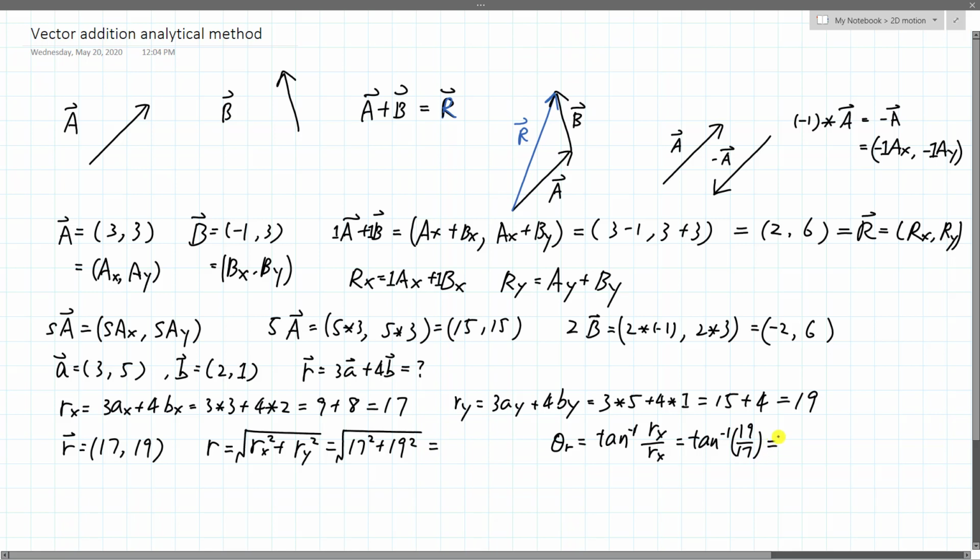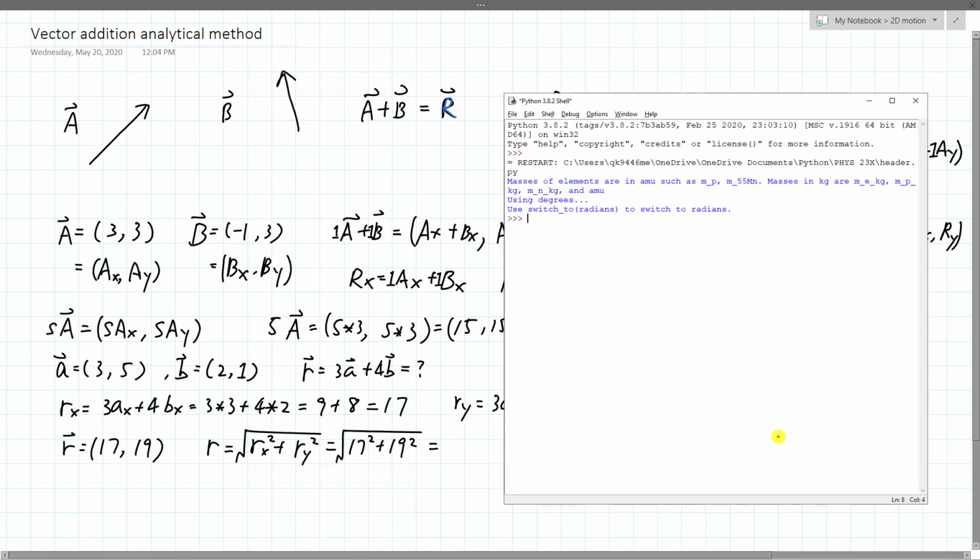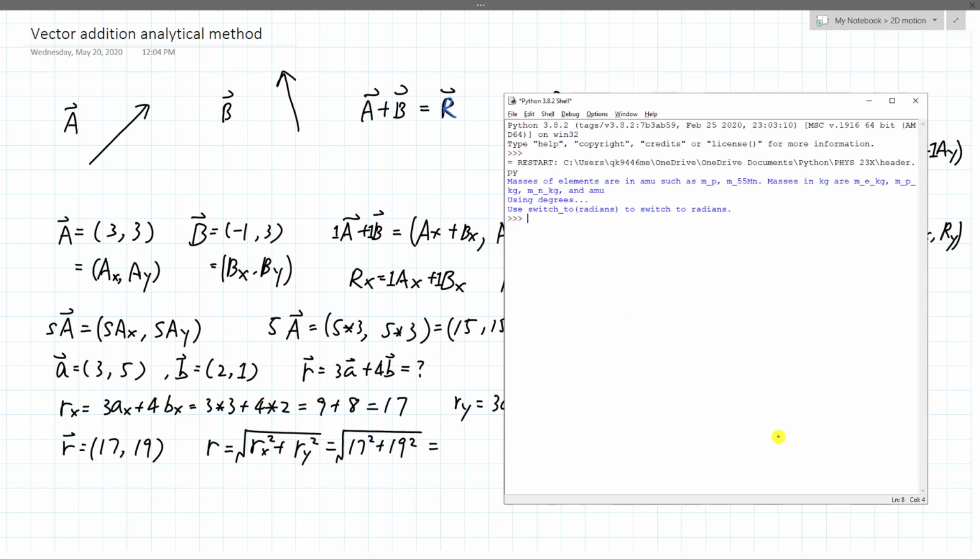Now I need Python. Okay, let's bring up Python. First I need the square root of 17 squared plus 19 squared. Let me bring my keyboard over because I need parentheses. So 17 squared plus 19 squared, raised to the power 0.5. That is 25.5 if I wish to keep 3 sig figs.